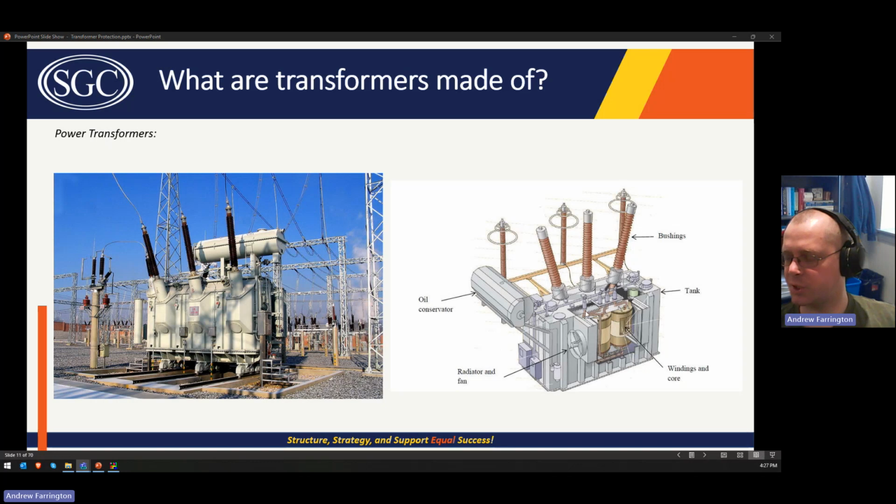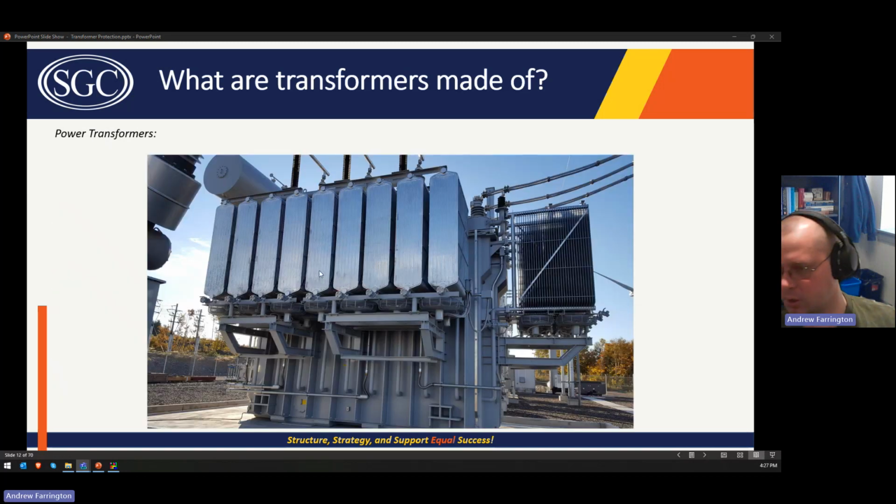This is a kind of a cross-sectional view of a similar transformer to this picture, but not the same one. Inside here would be the core and the windings. Let's see what else. So this transformer is actually up at Bingham Wind Farm.